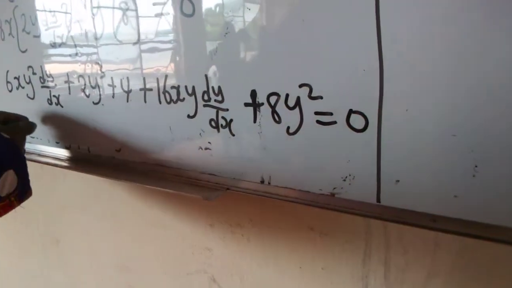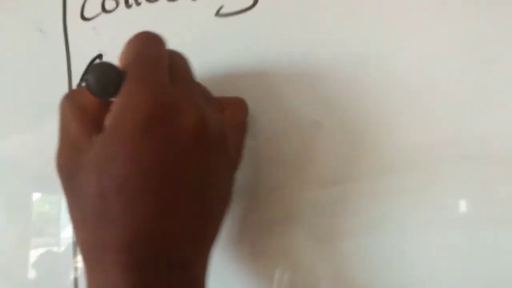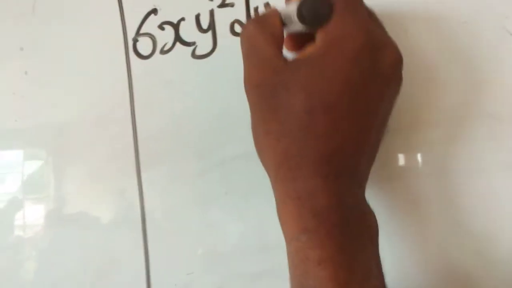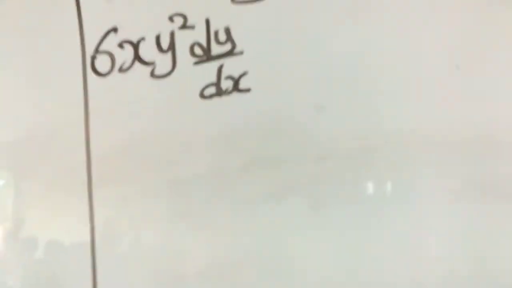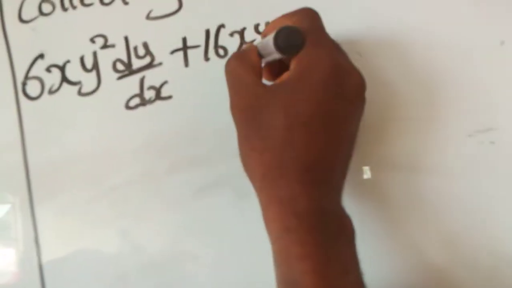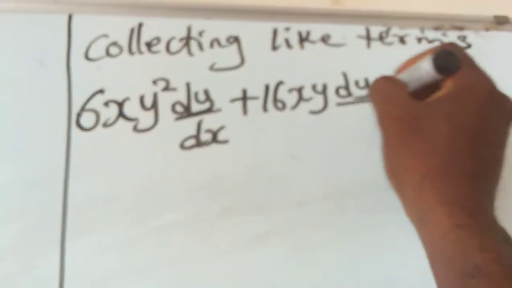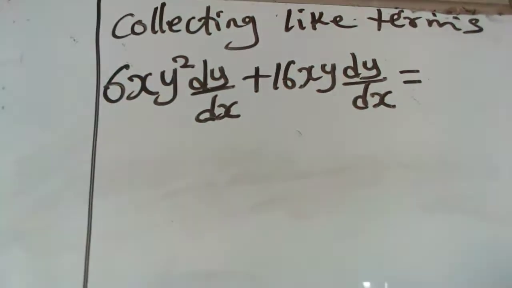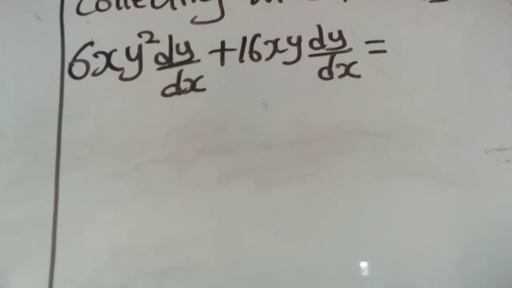So this one has dy over dx. So we're going to have 6xy raised to power 2 dy over dx plus 16xy dy over dx, which will now be equal to, this one will move over to this side.